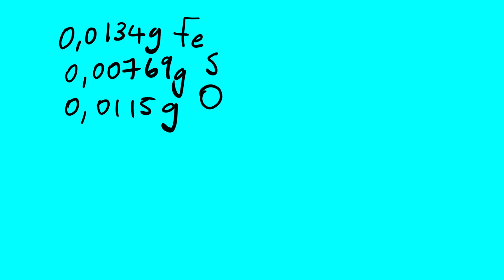So let us start with this one. We don't need to focus on the first step, since you can see that our masses are in grams, so everything is fine. Now we need to calculate the number of moles of iron, sulfur, and oxygen.